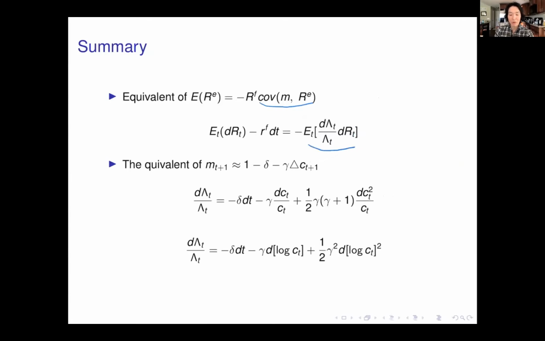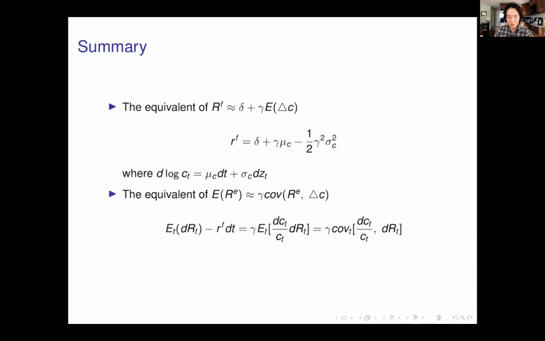And we can also do a similar exercise for the consumption-based asset pricing model, and we get the stochastic discount factor in this fashion. And we get the risk-free rate in consumption finance, and also the Sharpe ratio and the expected return using the consumption growth.